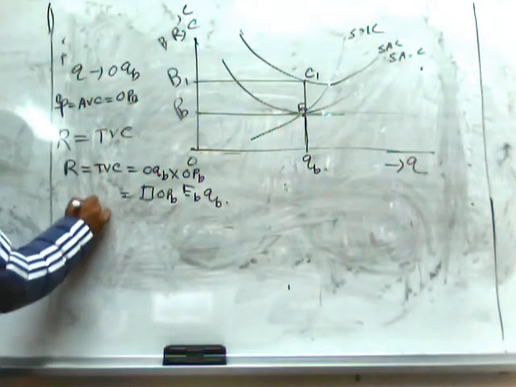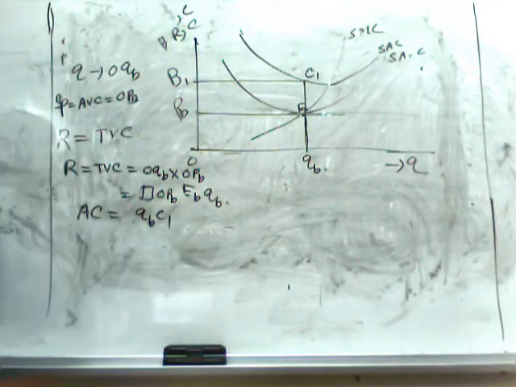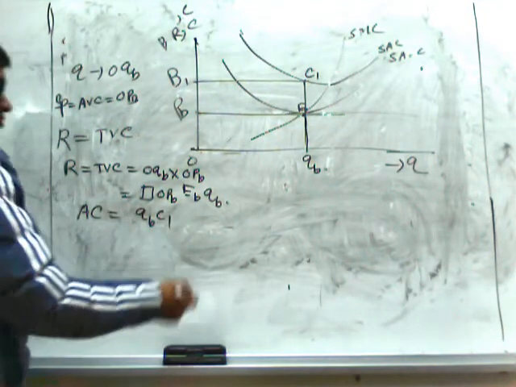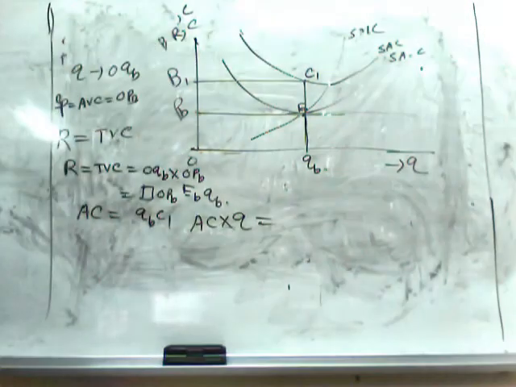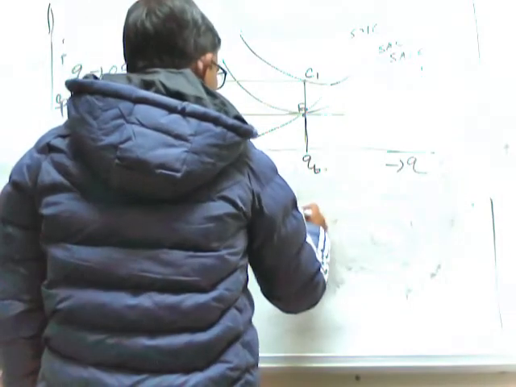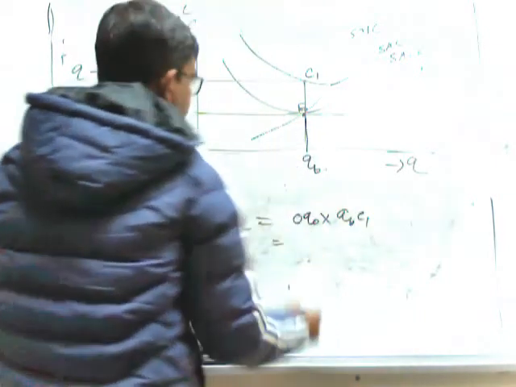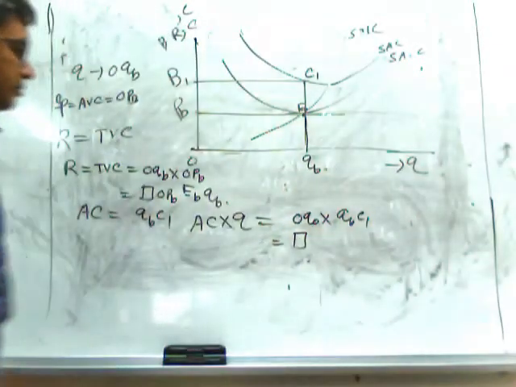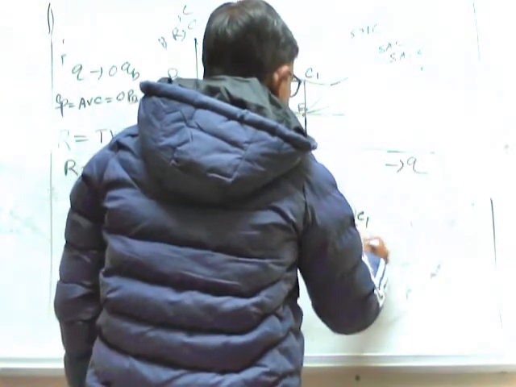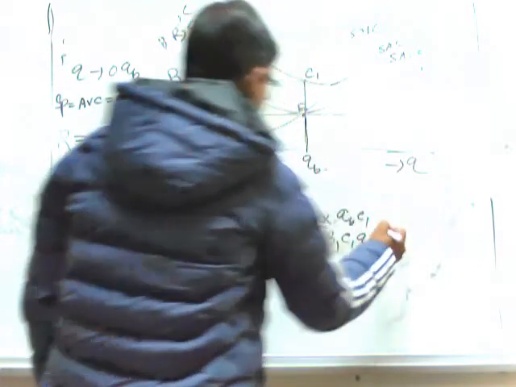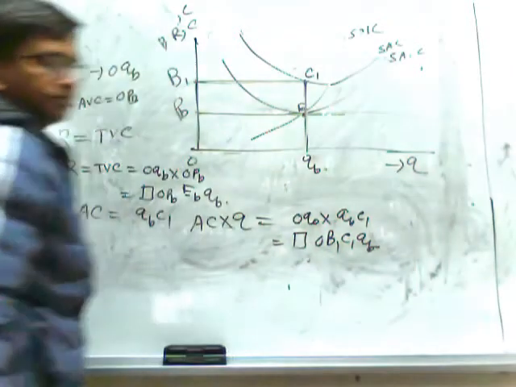So if AC is multiplied by output, that means total cost will be represented by the multiplication of OQB multiplied by QBC1, that implies area of the rectangle OB1 C1 QB. So this is the total cost.